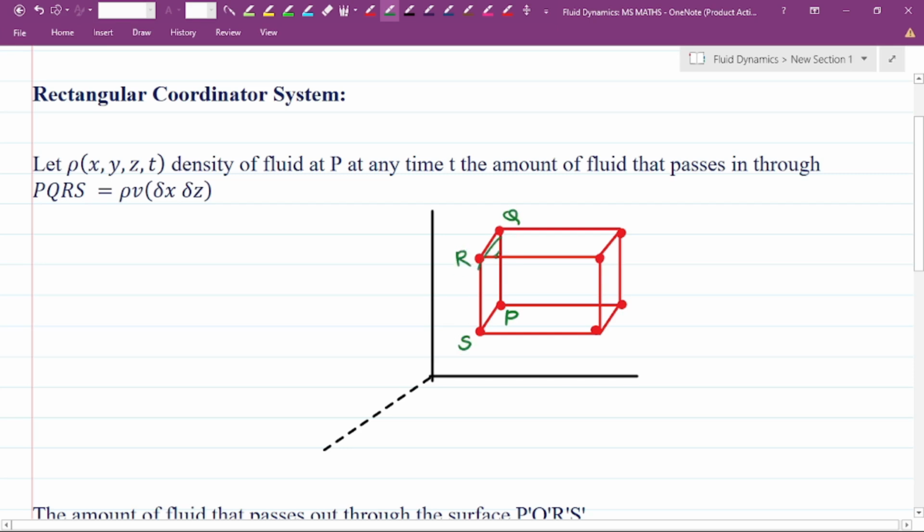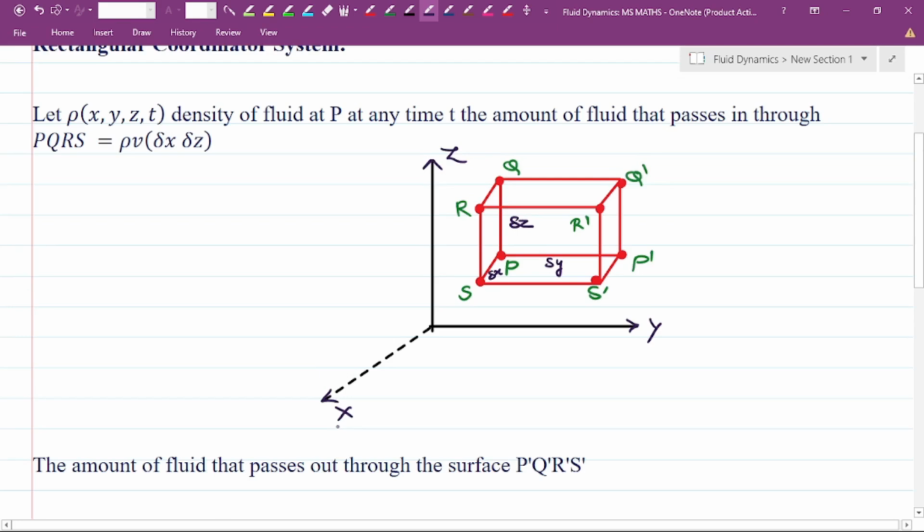This is one of the rectangles through which the fluid passes, and in the same manner it is Q dash, R dash, P dash and S dash. The lengths are del X, del Y and del Z. This is the Y axis, this is the Z axis, and this is the X axis.